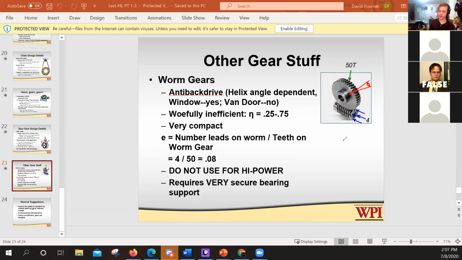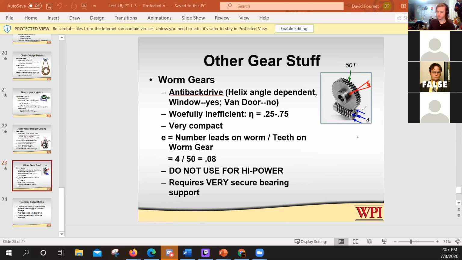And instead of number of teeth for the driver divided by number of teeth for the driven, the way worm gears work is it's number of leads on the worm versus number of teeth on whatever you're driving. So this is a typo. That should say spur gear.